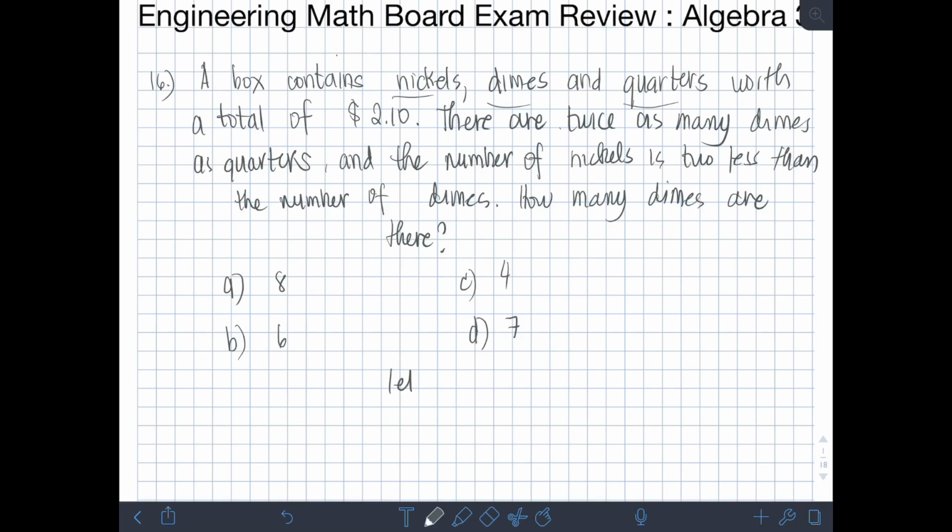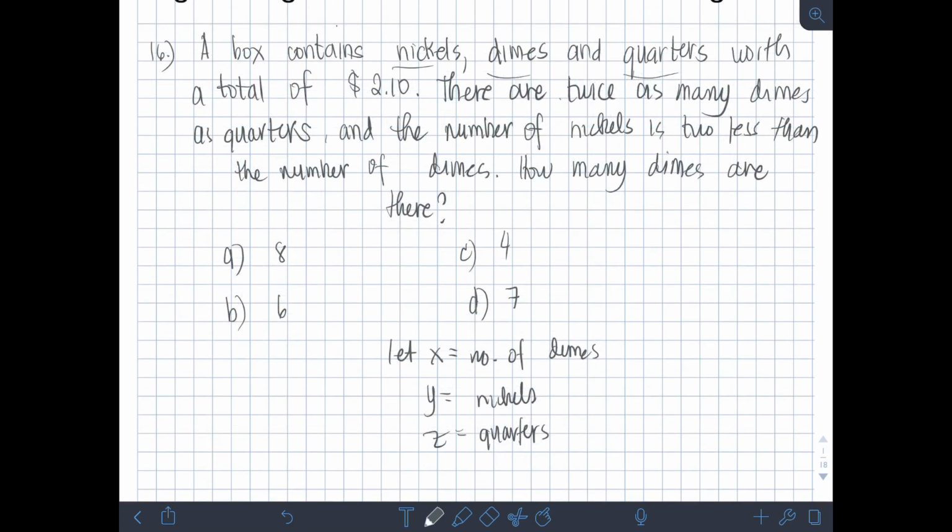So, let X be the number of dimes, let Y be the number of nickels, and let Z be the number of quarters. Sabi yung box daw ay may amount na total na $2.10 pag kinumbine natin yung halaga ng nickels, dimes, and quarters. So dito pala, dapat alam natin kung ano yung equivalent ng nickels, dimes, and quarters.